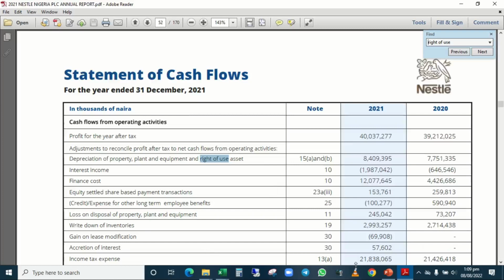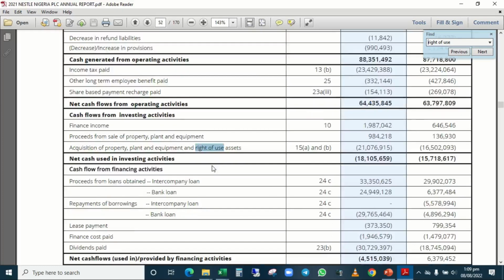So you see the depreciation of right of use, which is added together with that of PPE, which we have talked about before now. Acquisition, right of use, and PPE.